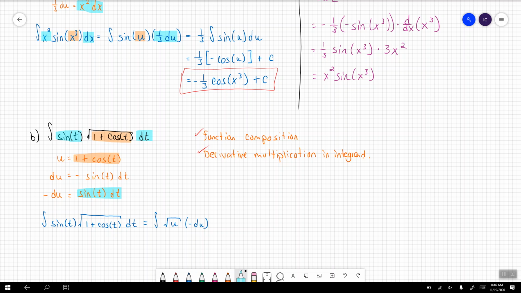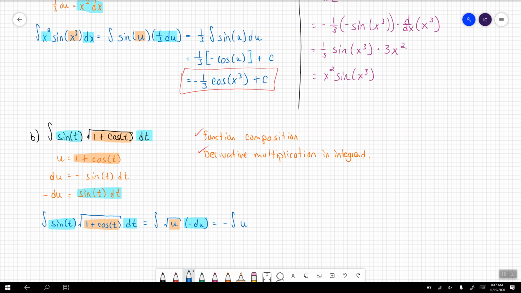And so what was happening here is that I took this sine t dt, and that became negative du. And initially we were looking at the substitution of 1 plus cosine t, that became u. Again, our integral here is the integral with only one variable. We can simplify this. The negative got factored out: negative integral square root of u.